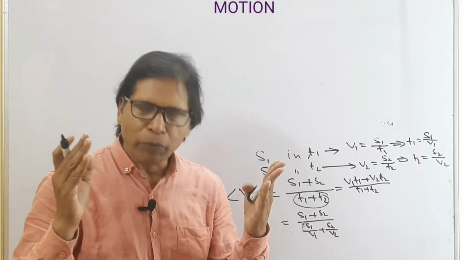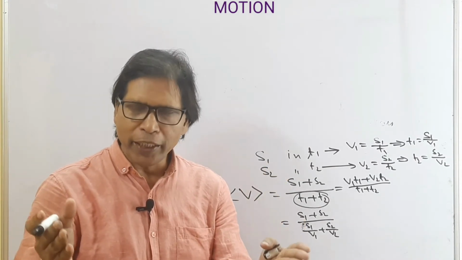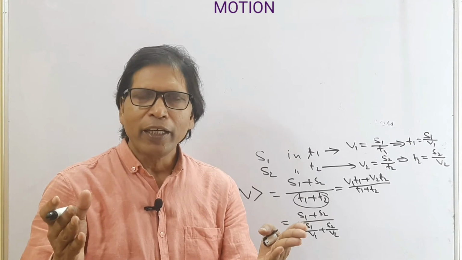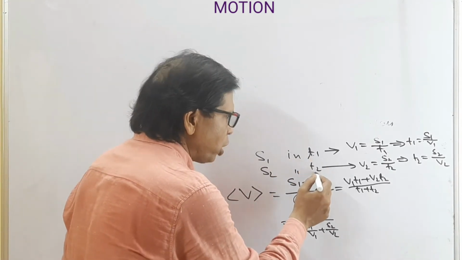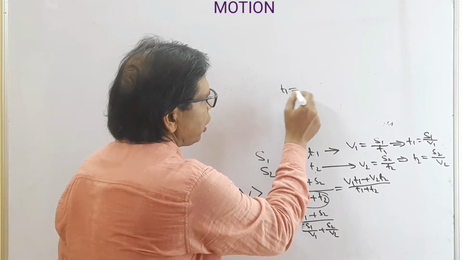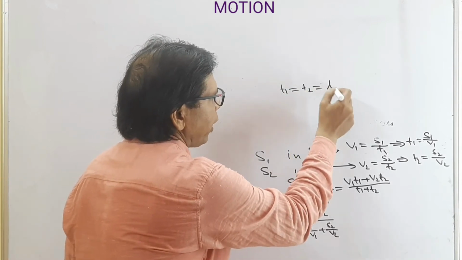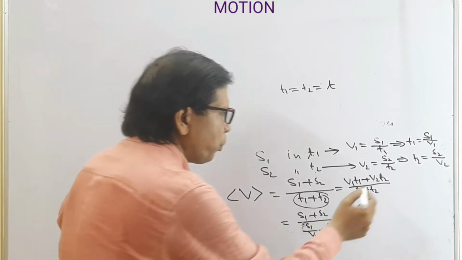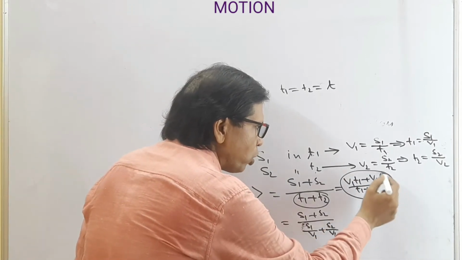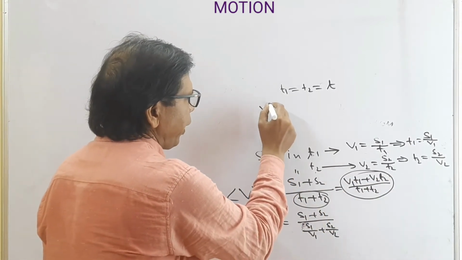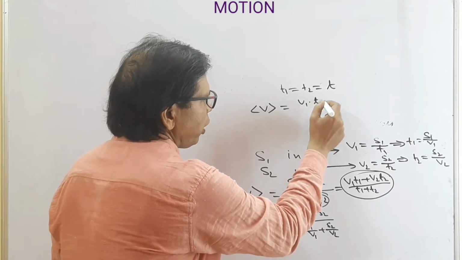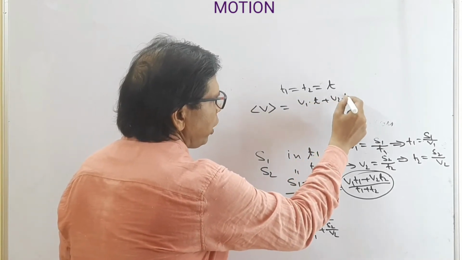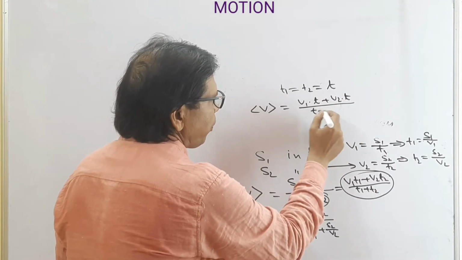Now we have to calculate average speed in equal time. If time is equal, then t1 equal to t2 equal to t. Now if we put t1 equal to t2 equal to t, we get average speed equal to, look at this, v1 into t plus v2 into t, divided by t plus t.